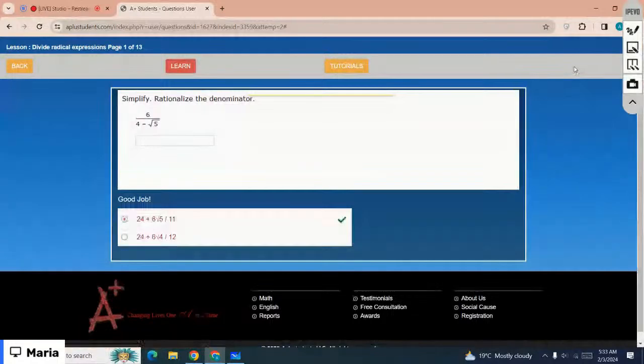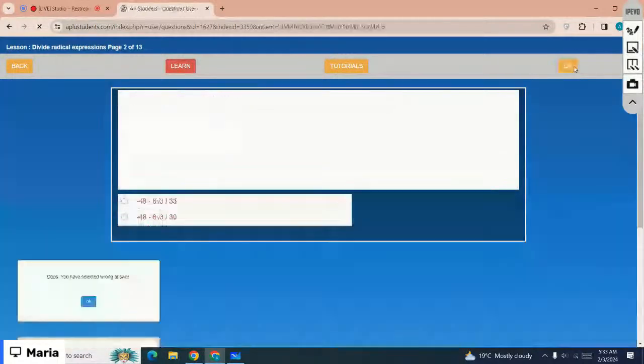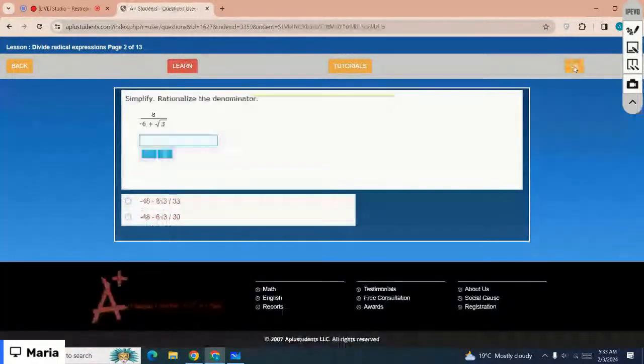Okay, the next one, you can solve the question in your notebook and write down the answer in the chat box. So, which is the correct option?